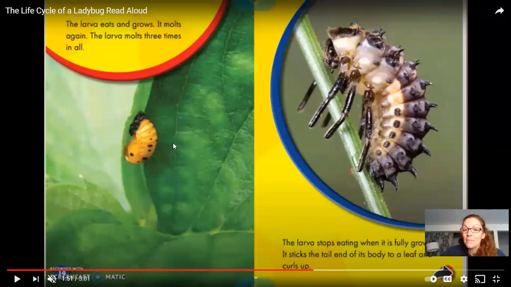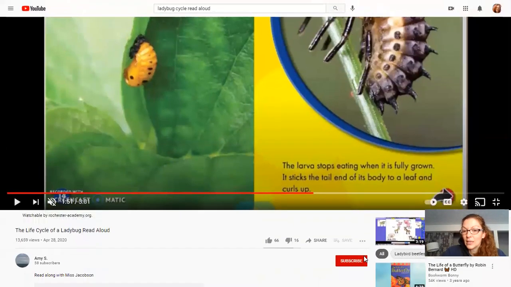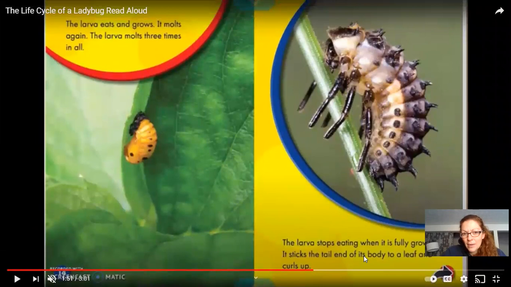The larva stops eating when it is fully grown. It sticks the tail end of its body to a leaf and curls up. So this is the larva, as big as it's going to be, as grown as it is. And look at it. He sticks its end of his body to the leaf and curls up. I wonder what is going to happen.